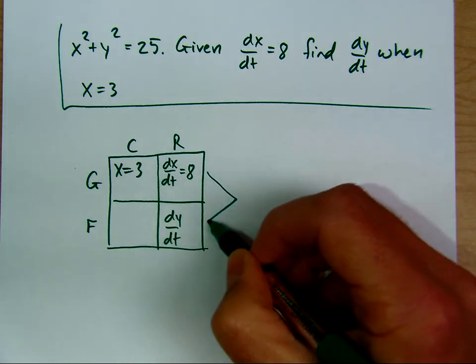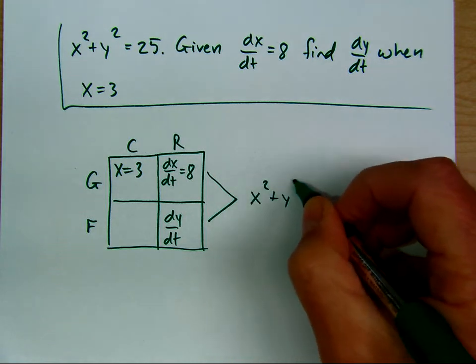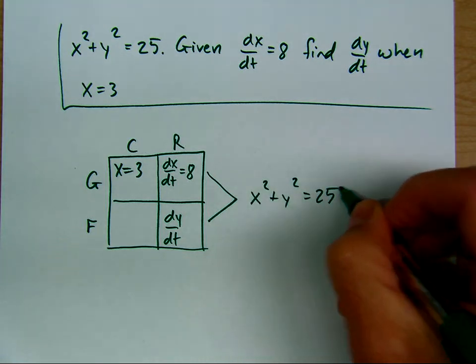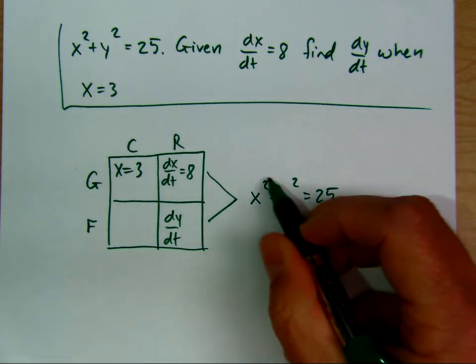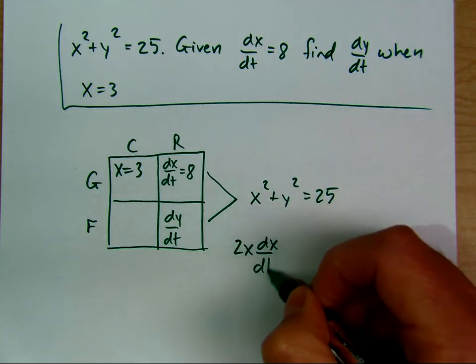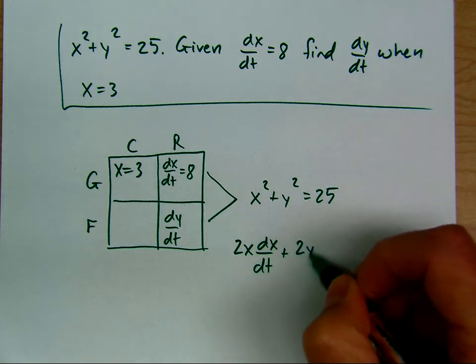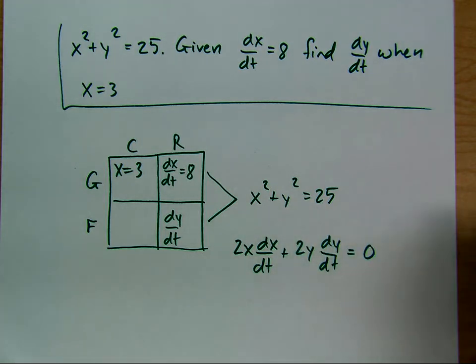And how are x and y related? X and y are related with this relation. We want to know how the rates are related, so we have the derivative of this is 2x dx/dt plus 2y dy/dt equals 0.